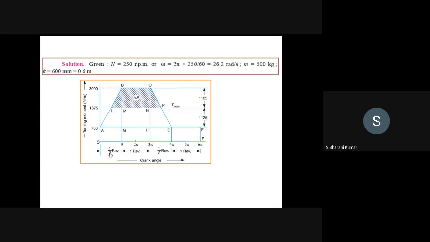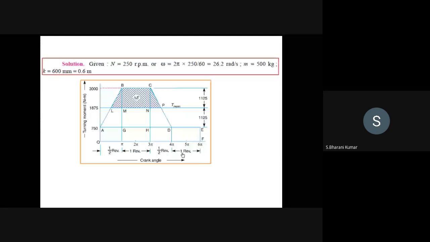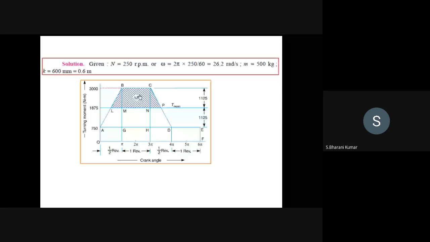So half revolution, one revolution, half revolution, and another one revolution. Totally 4 parts. The first half revolution rises from 750 to 3000. This one is A to B. Look here, A to B, 750 to 3000 is half revolution, and then it will be continuous for one revolution at 3000 Newton meter, and then in half revolution it falls from 3000 to 750.